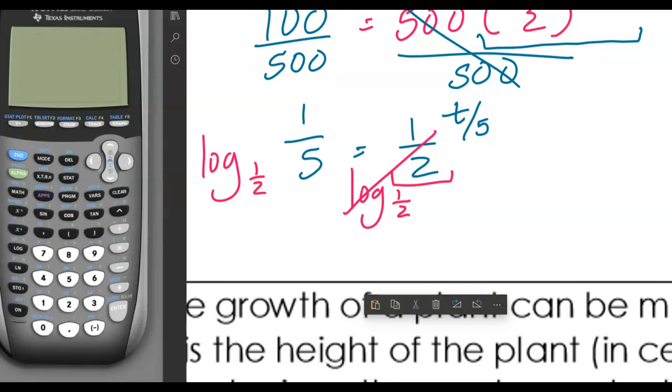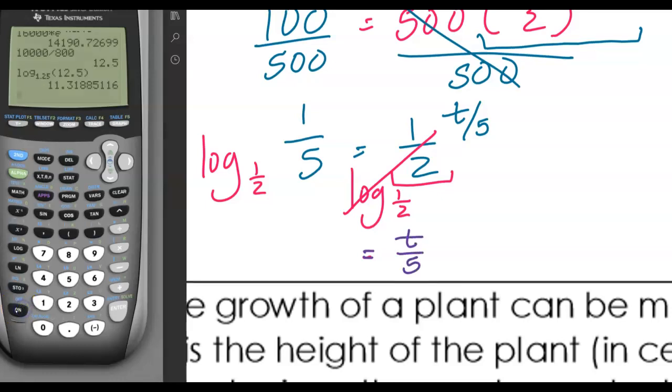Leaving you with just t over 5 on the right, and let's see what's on our left. Log base 1/2 of 1/5, and you get 2.32.